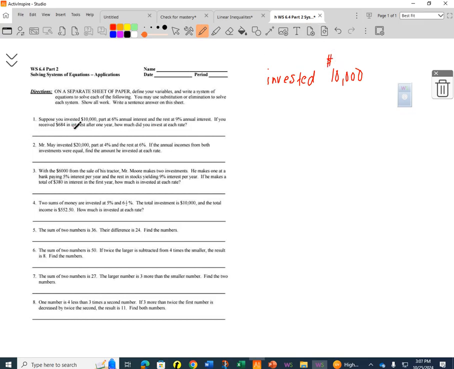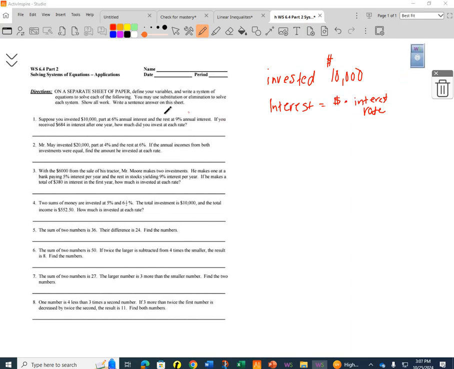We know when you invest money in an account, you earn interest. And interest is equal to the money you invest times the interest rate.